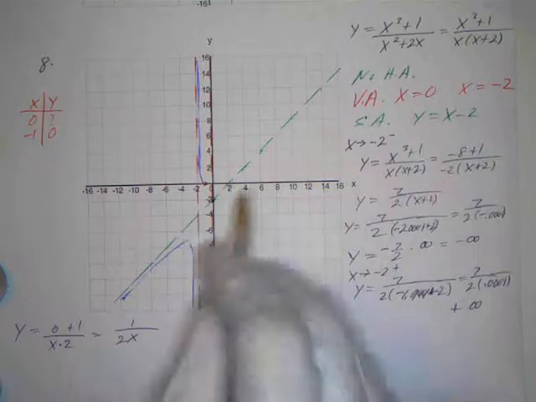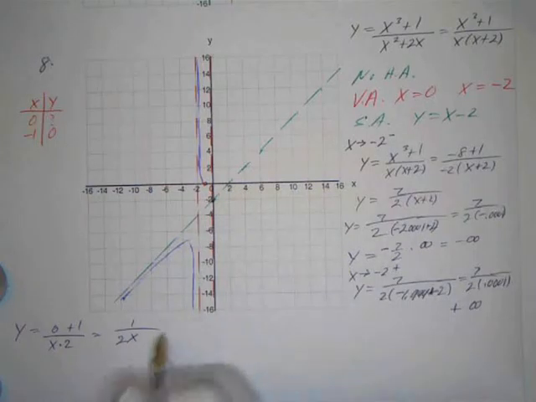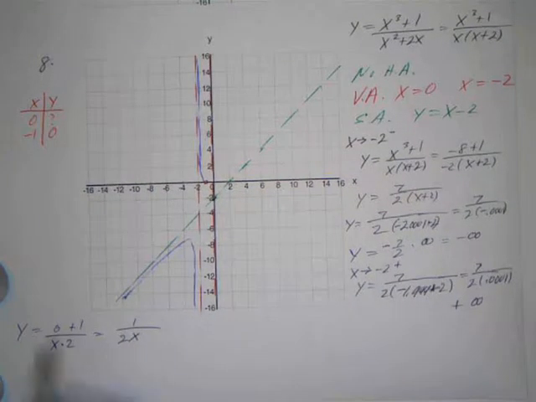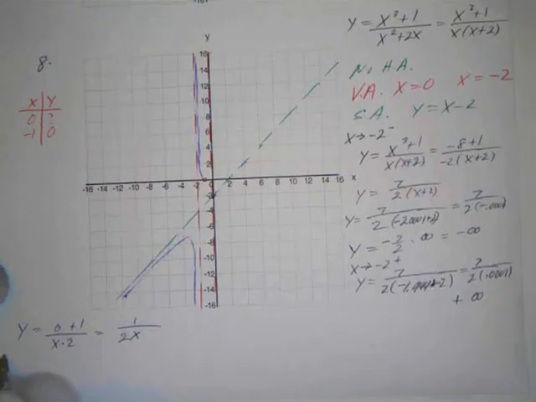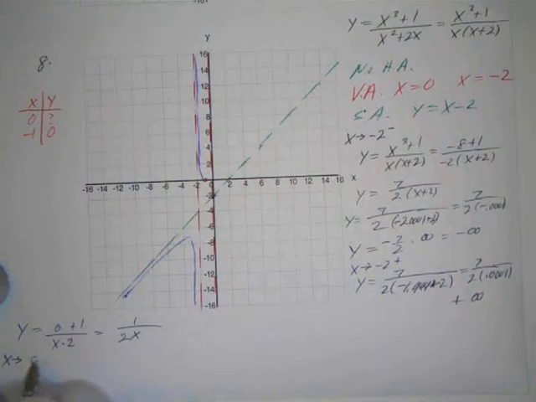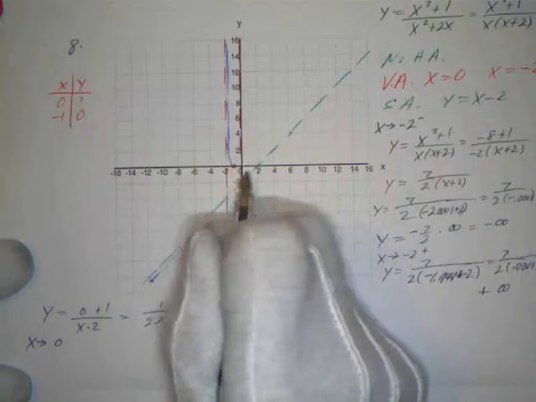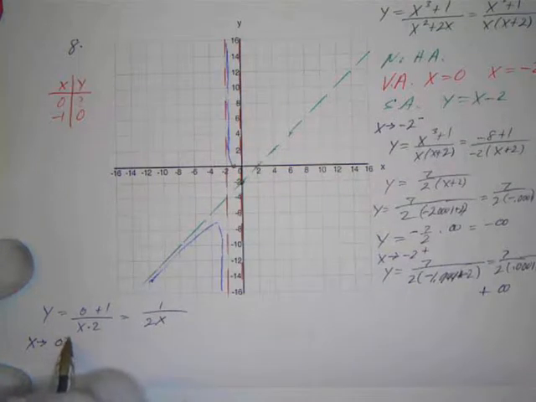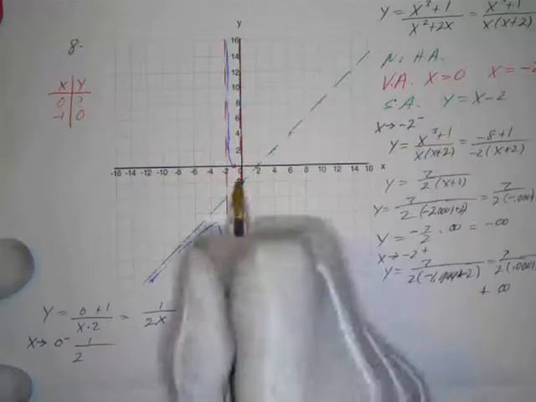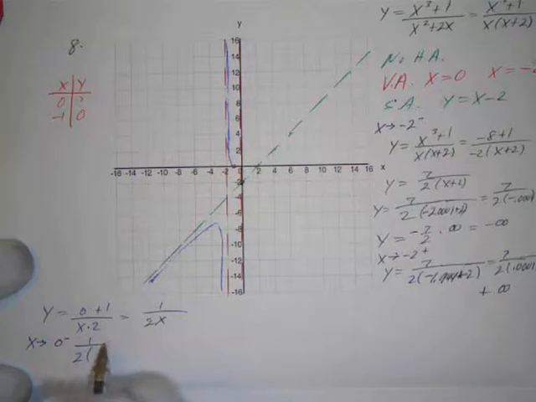So as I approach 0 from the negative direction, I should say from the left, that's just going to be 1 over 2 times, and it's going to be very, very small, so it's just going to be negative.